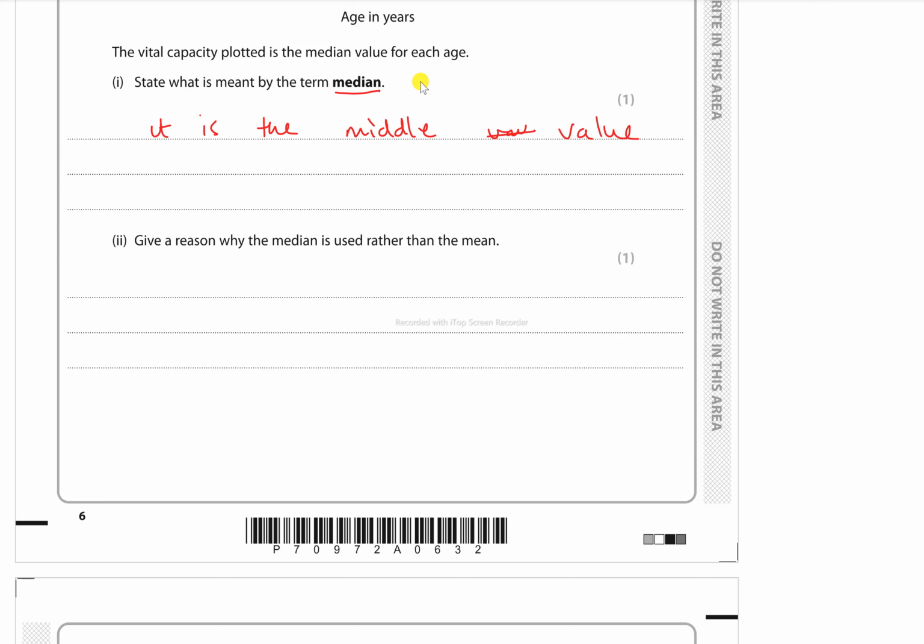Give one reason why the median is used rather than the mean. The median is used since each age has a wide range. Okay, this is how you word it: the median is used since each age has a wide range.